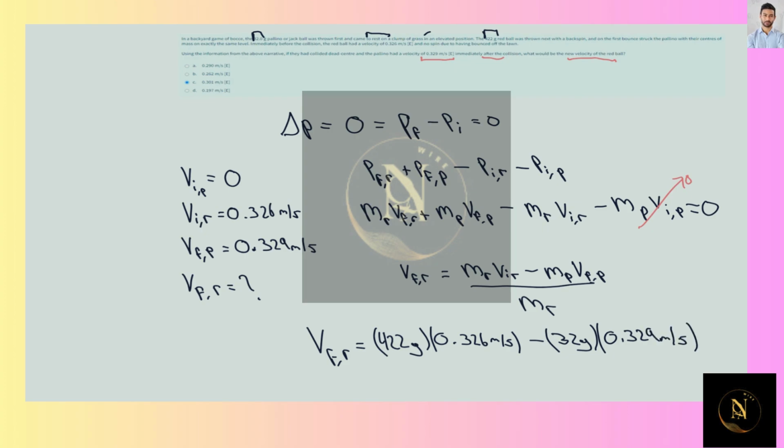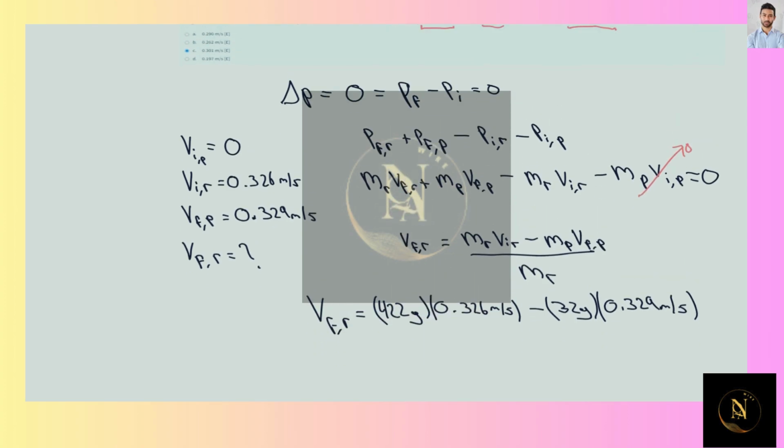Notice that everything here is in the east direction, so the final velocity is also in the east direction. All of this we divide by the mass of the red ball, which is 422 grams.